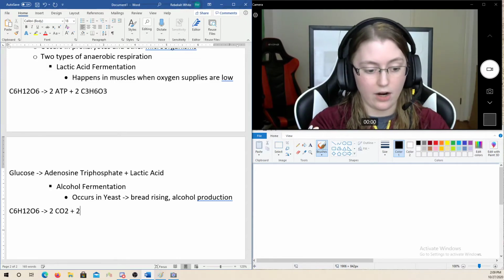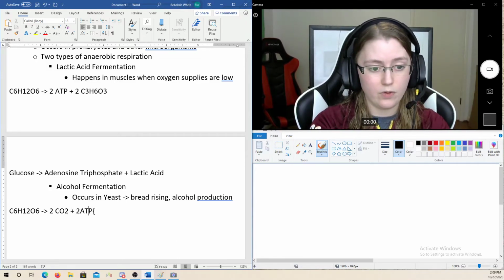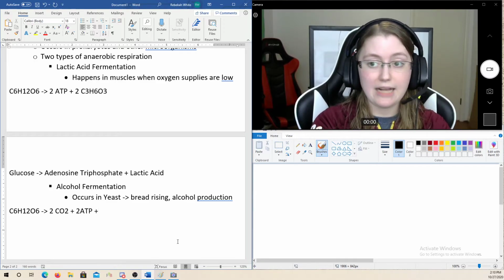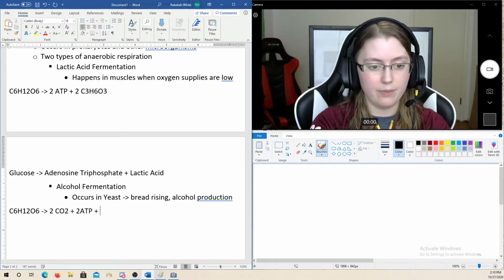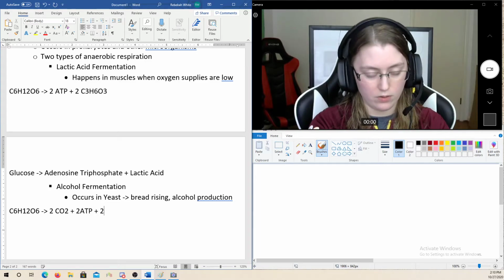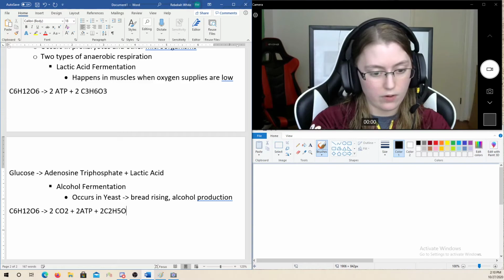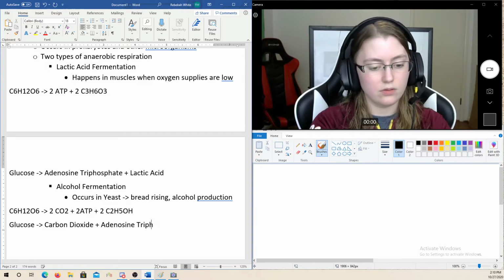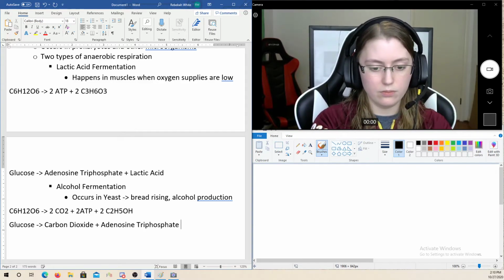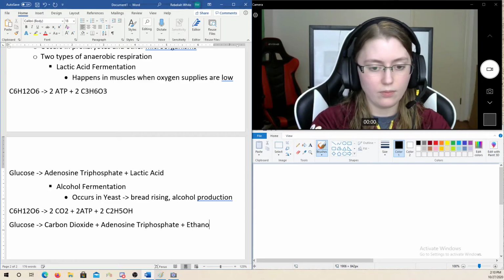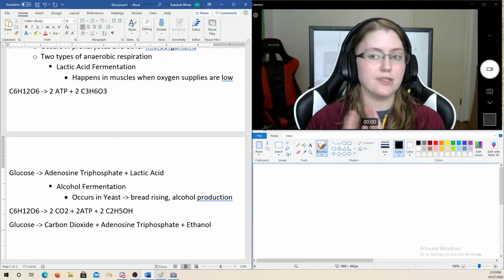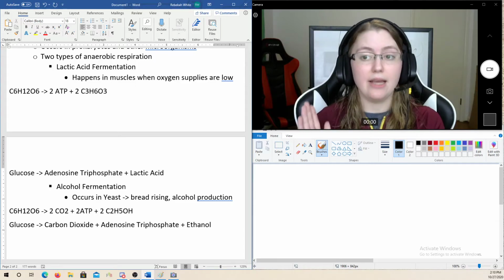And we're going to see our 2 ATP again. And then our last thing is going to be, let me do the chemical equation first. C2H5OH. Okay, so it produces carbon dioxide, ATP, and ethanol.